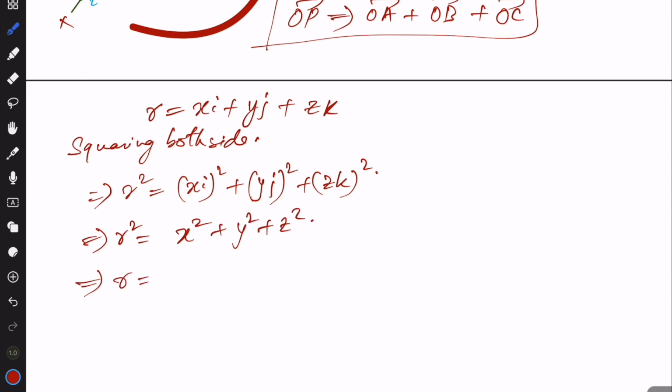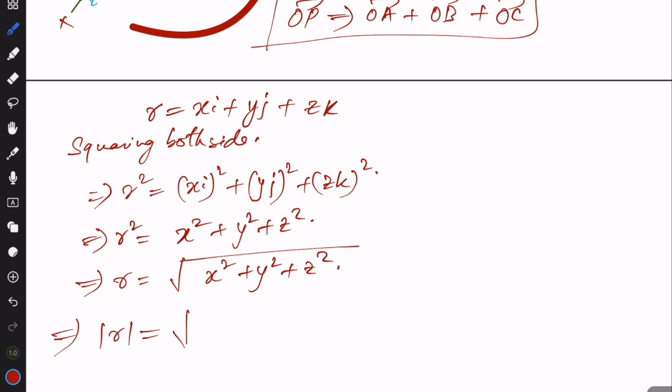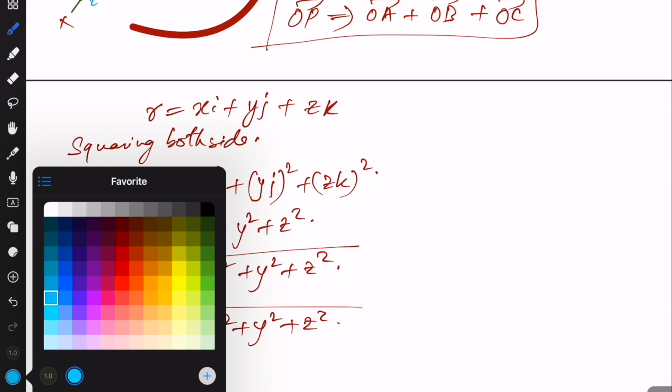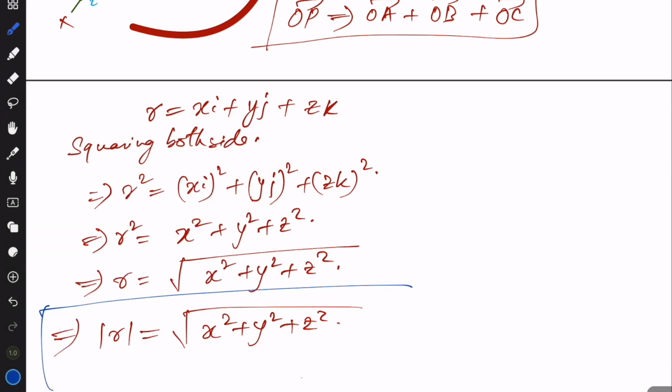We get R equals the square root of X square plus Y square plus Z square. And henceforth we call it the magnitude of R, which is the square root of X square plus Y square plus Z square. So this is our length of R, or magnitude of R.